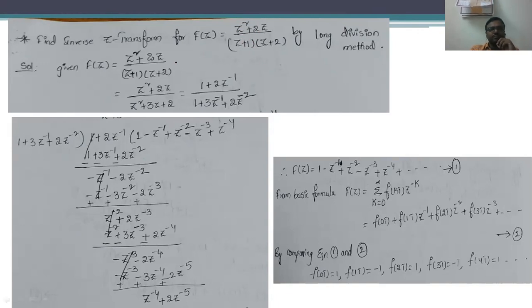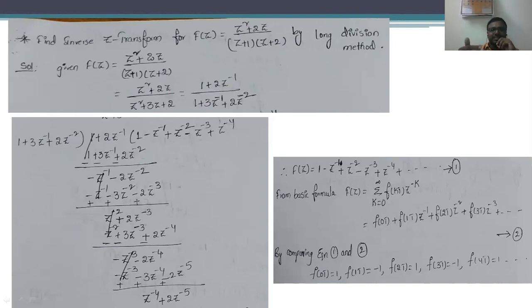So, just try to convert this expression into powers of negative terms. That means just take the common value z square and cancel it in both the numerator and denominator. Taking the common value of z square, we are going to get 1 plus 2z inverse divided by 1 plus 3z inverse plus 2z power minus 2.